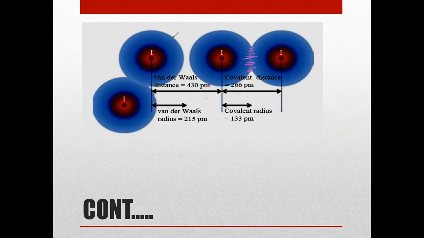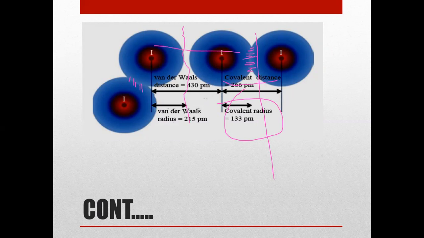This bonding distance we call the covalent distance. Half of this we call the covalent radius. And can you see, this is also showing the covalent radius. But what about this? This is the van der Waals radius, right? This is half of this, the van der Waals radius. This is the non-bonded one.